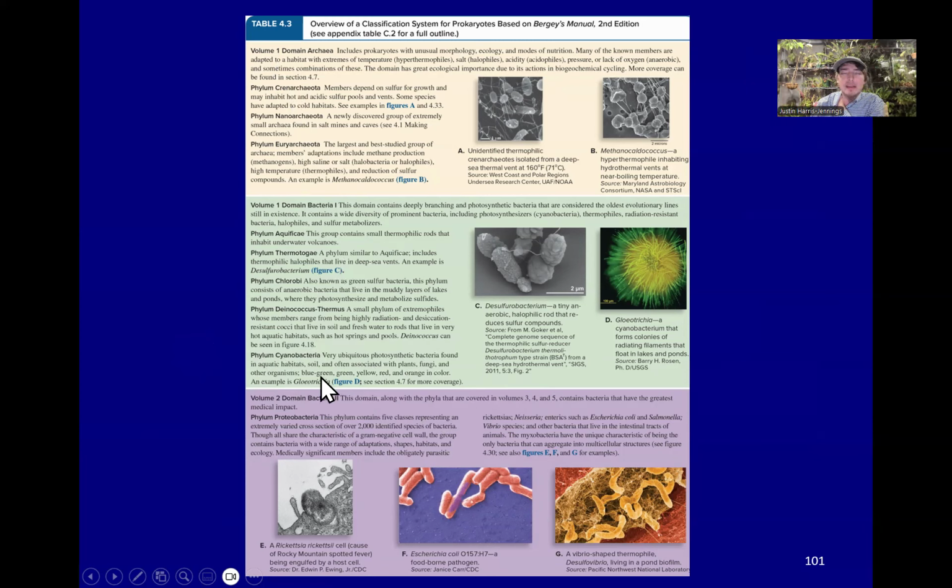Their major contribution was increasing the concentration of oxygen in the atmosphere. They include many different kinds of bacteria and different kinds of photosynthesis, they have different colors, and you also have bacteria found in thermal vents and things like that.